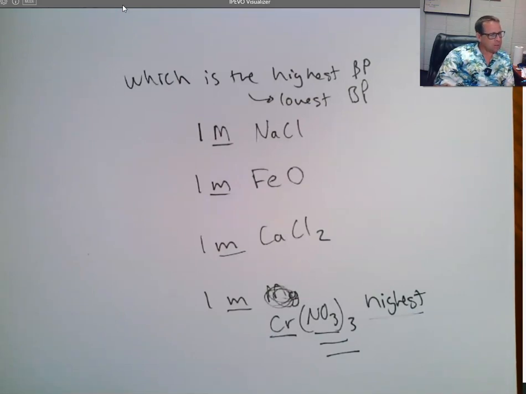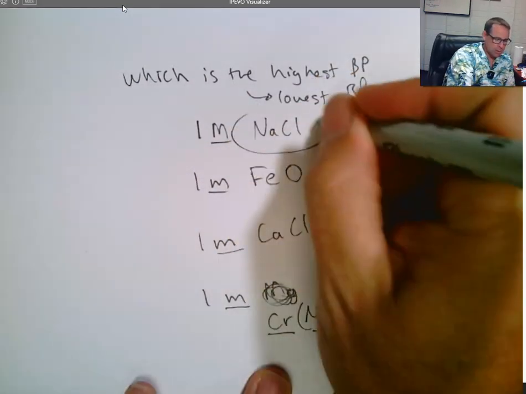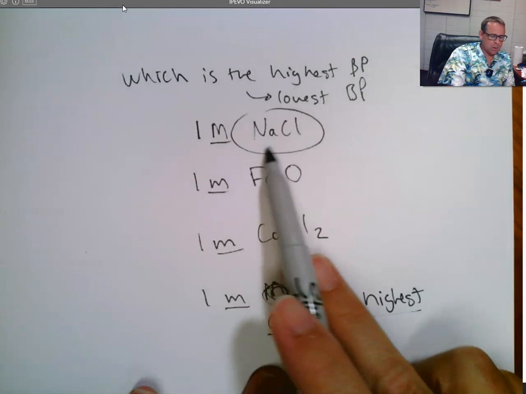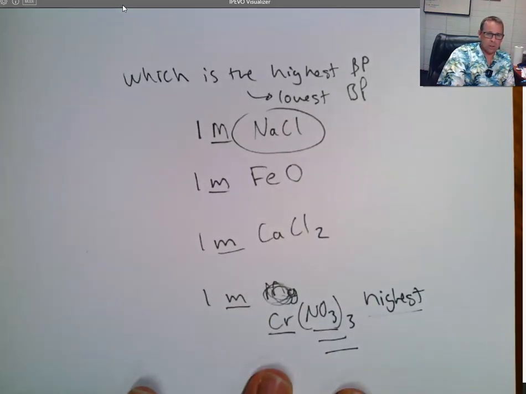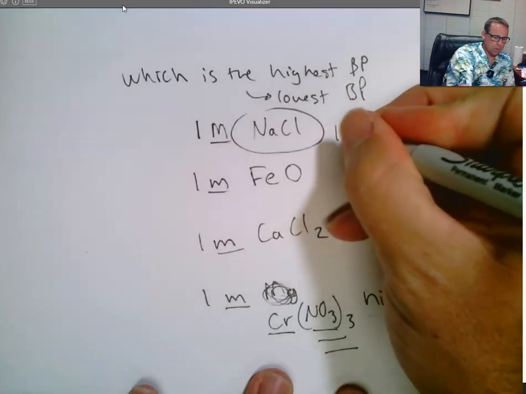All right. What about the lowest boiling point, Aisha? NaCl. Very good. NaCl only has 2 ions, right? 2 ions. So this is going to be our lowest.